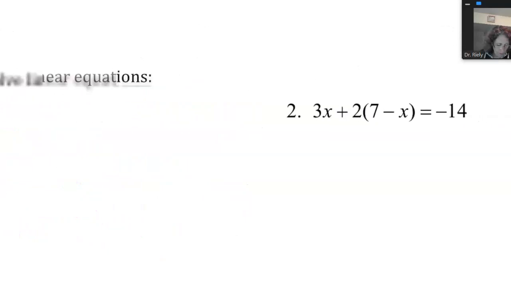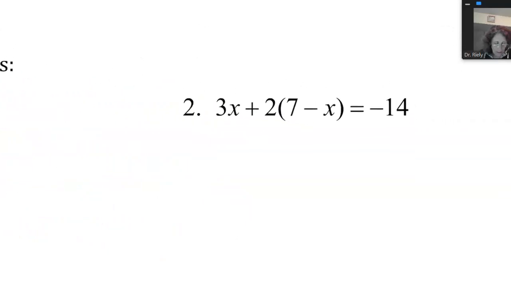Okay, go on to the next one. Here I see I have a distribution. Be careful about the sign. I'm going to rewrite it. 3x plus 2 times 7 is 14, minus 2x equals negative 14. Okay, on the left side, combine variables. I have a 3x and a minus 2x.